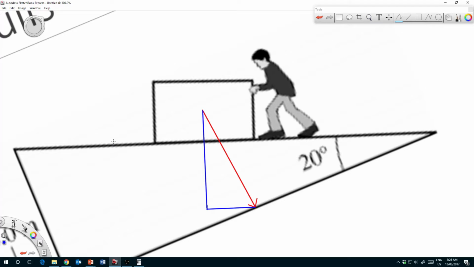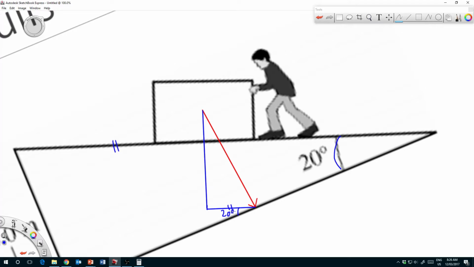Now, a little bit of angle math from earlier math classes. If it's drawn like this, this line and this line are parallel to each other. And if they're parallel to each other, it means that this angle and this angle must be 20 degrees. Okay, so what does that mean?